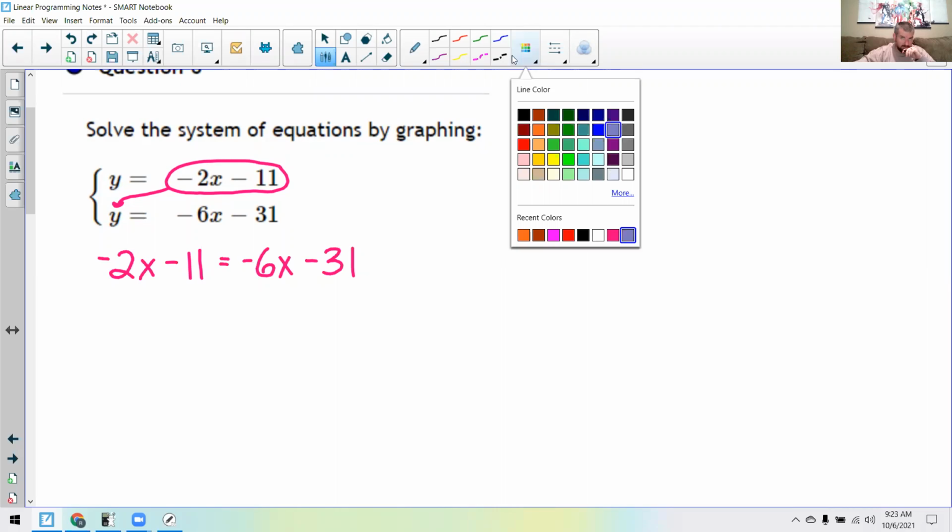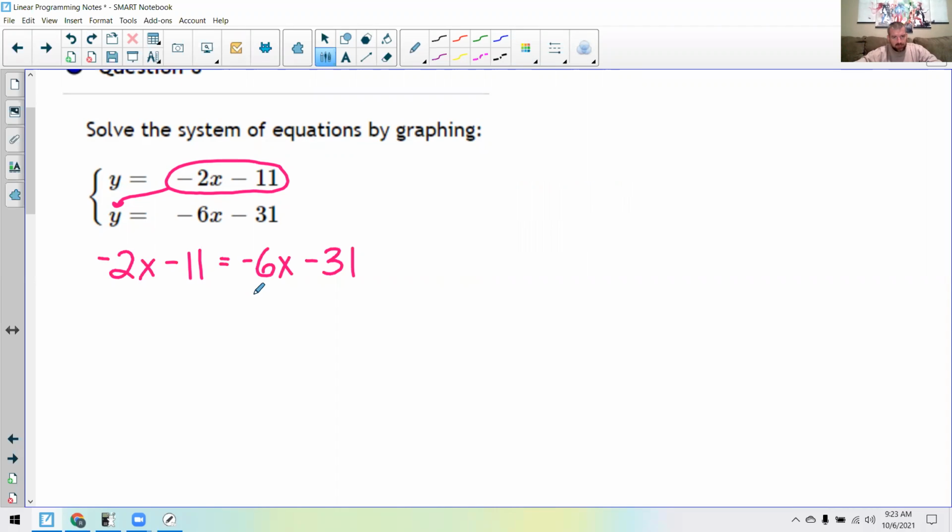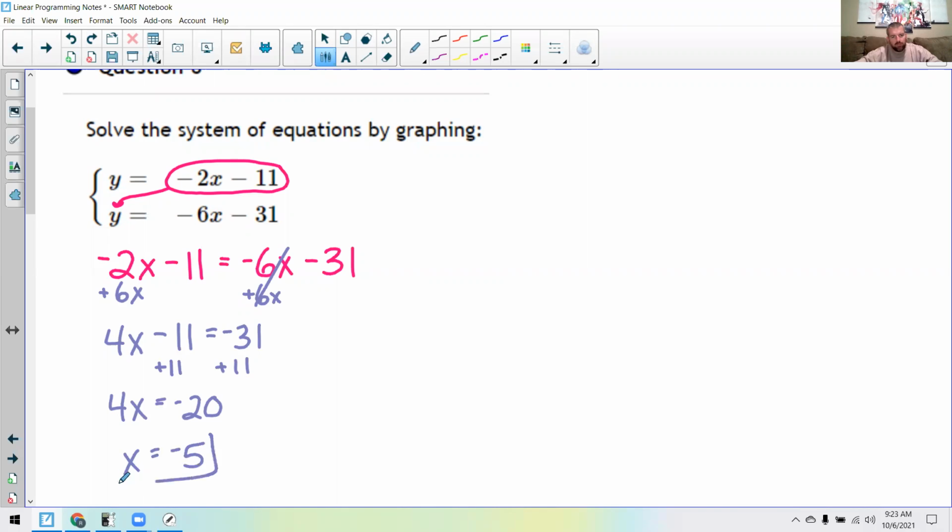Now I can go ahead and solve this. I can add 6x to both sides. I get 4x minus 11 equals negative 31. Beautiful. Add 11 to both sides. I get 4x equals negative 31 minus 11 is negative 20. So I get x equals negative 5.